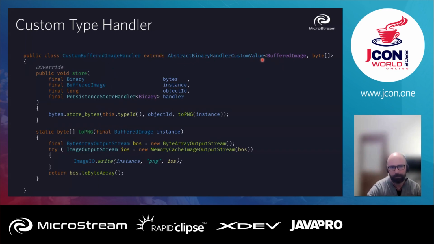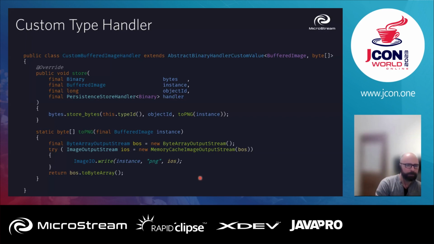We have a lot of abstract classes for that, for some cases, for array data or list data, and for single field data. You can just override the store method and call the store. The binary interface is basically the byte transport, which you write the binary data into, and you have a lot of methods like store int, store long, and so on. And you can use store bytes and hand over a byte array, which is just a PNG encoded image in this case.